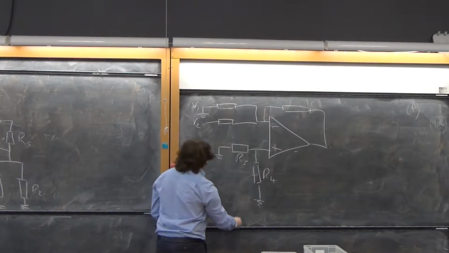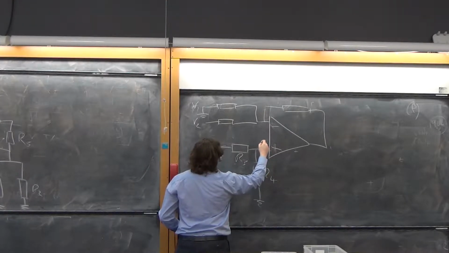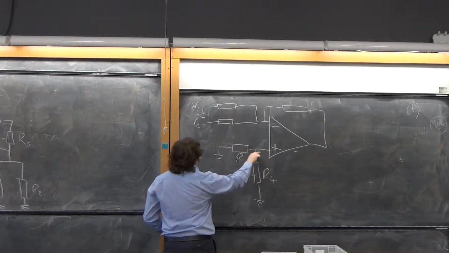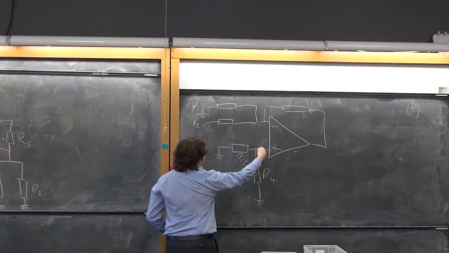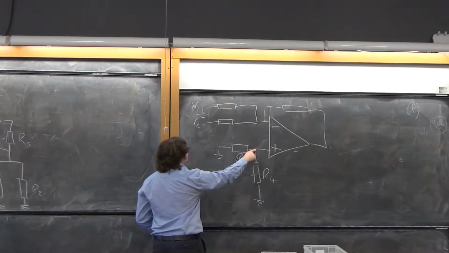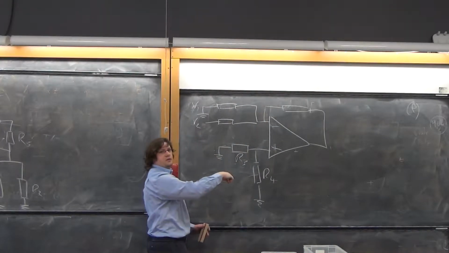Ground. That's ground, that's ground, that's ground. There is no potential involved anywhere. This is high impedance. No current will flow out this node, that way or that way. So if this is ground, then this must be ground as well, because this is now just an inverting amplifier.